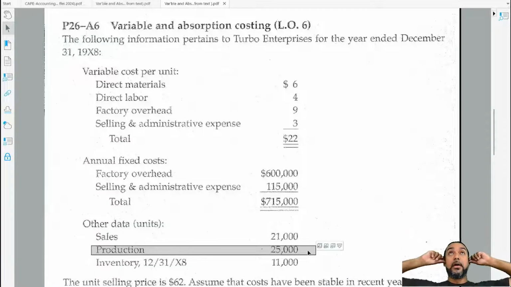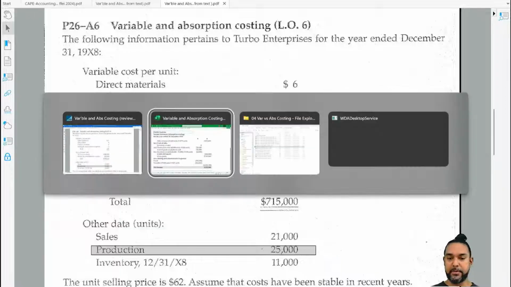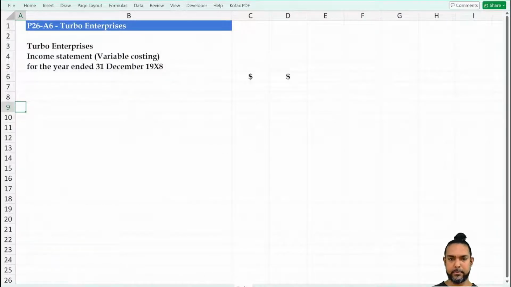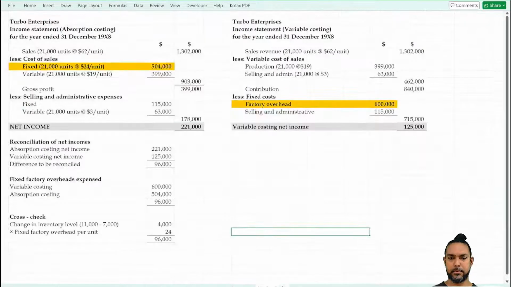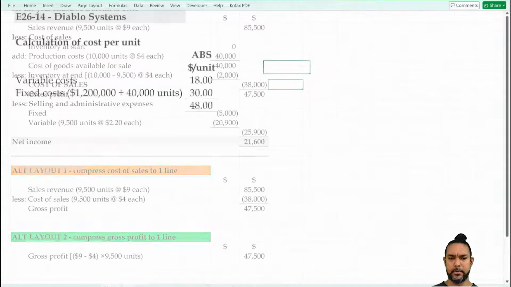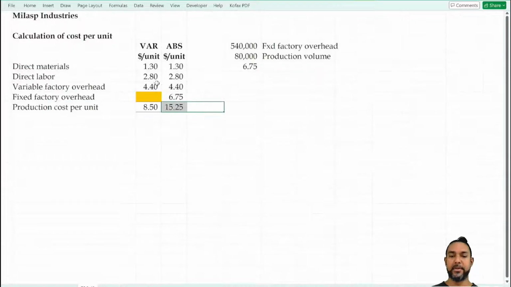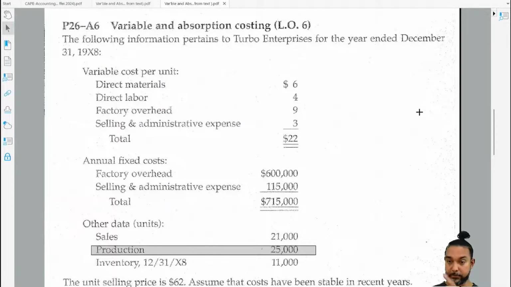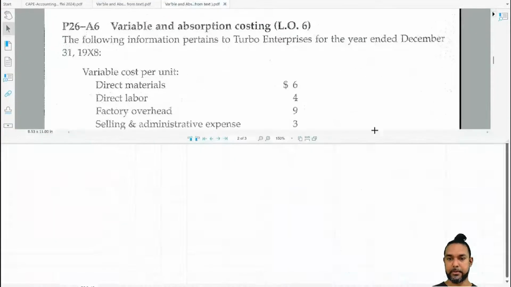I want you to do the variable cost per unit. So basically what we did for like, what happened here? Yeah, so basically I want you to do this, right, for this information here. All right, so let's start there real quick. So let's put that up to the top there.